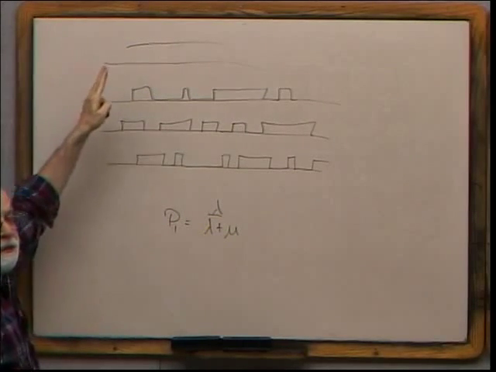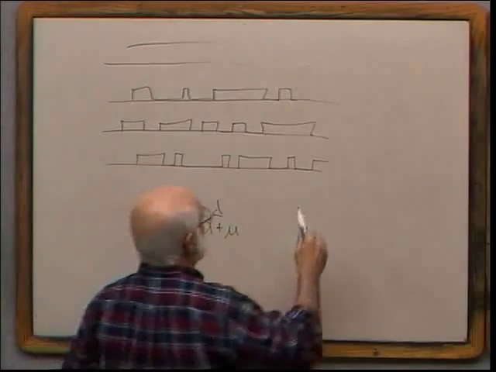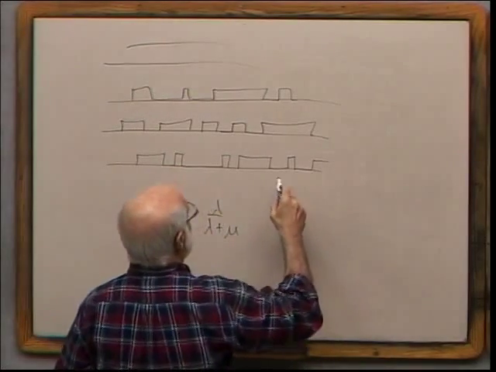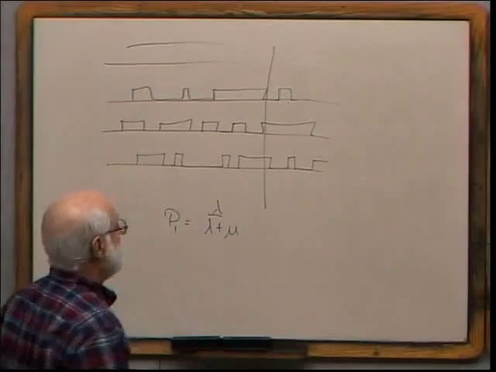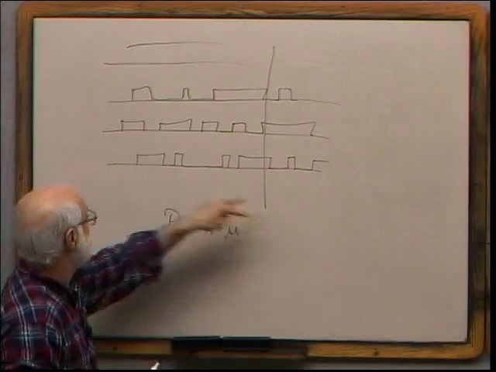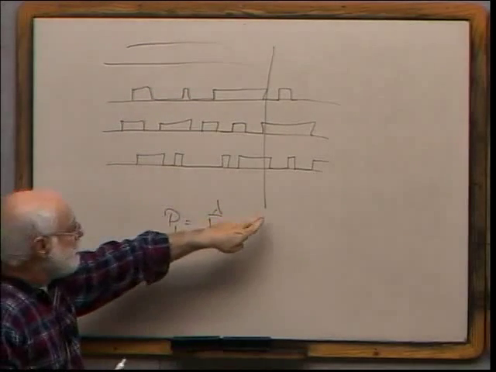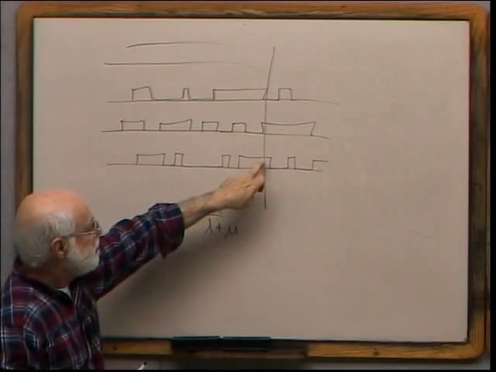Another point of view is that I'm going to imagine that I simply pick a time, and instead of imagining that that time is a random time for a single system, finding it in state 1 should be equivalent to the fraction of time I'm in state 1.